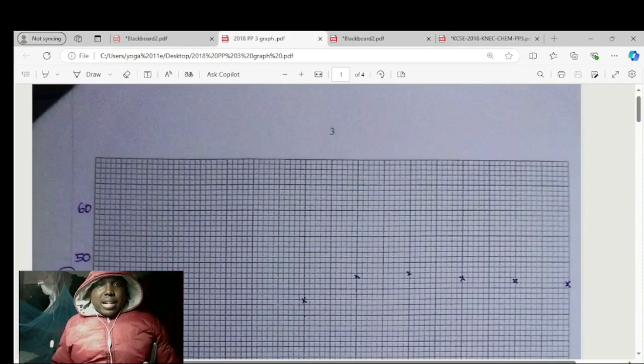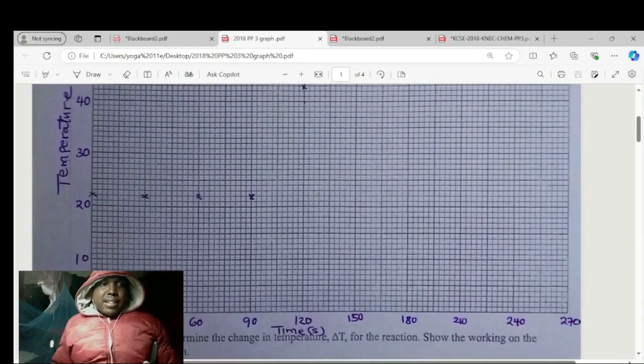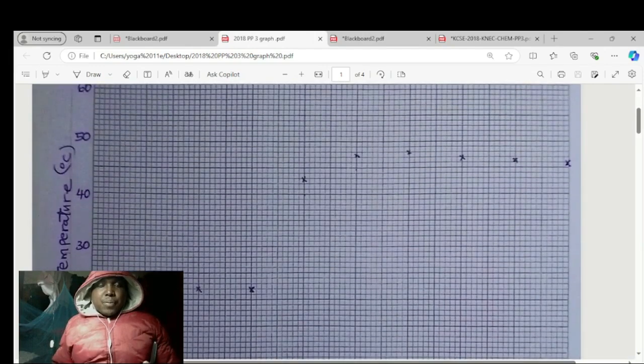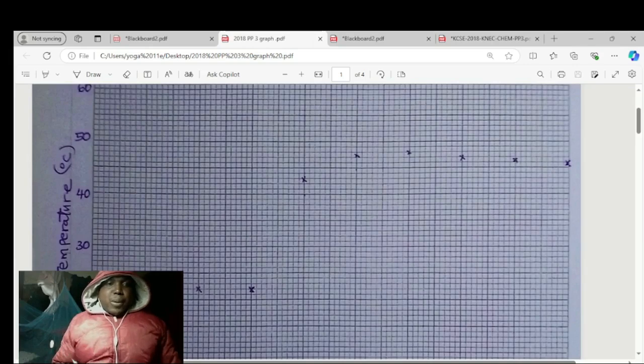This is our graph of temperature against time. So I have put the points, 22, 22, 22, 22 as you can see, and then I have put the points there. So this is a graph of temperature against time.